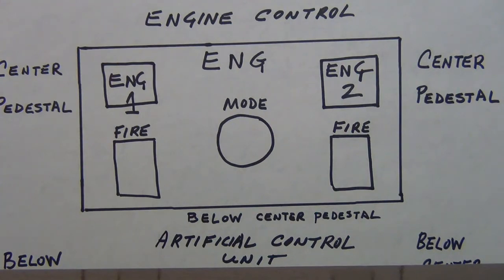You're going to have a display engine page automatically displayed. It's going to open up the start valve, and you also have your low pressure fuel shutoff valve that's going to open. And you're going to have indications on the ECAM.